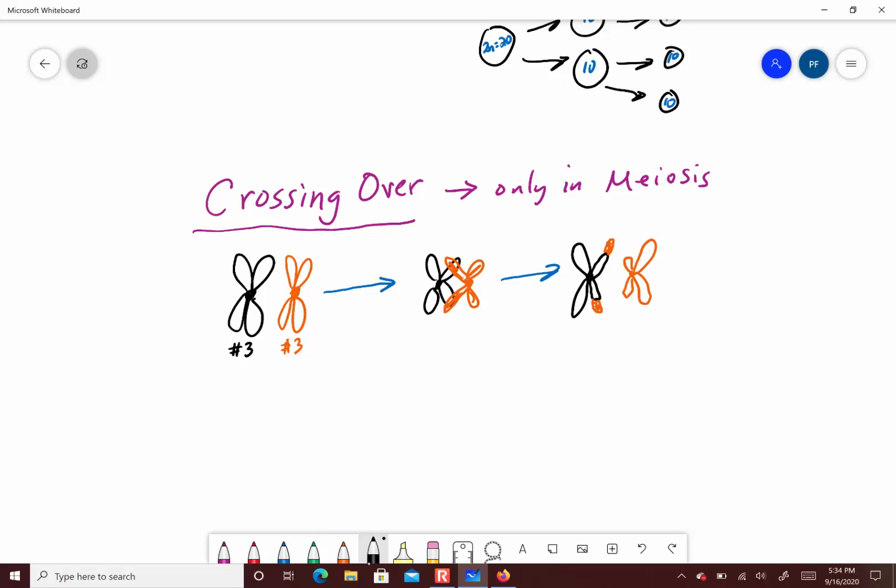Right? So if they're swapping pieces of their DNA, it looks like this after we've swapped. The black chromosome has some orange on it, and the orange chromosome has some black on it. All right? These chromosomes that we've created here have crossed over.